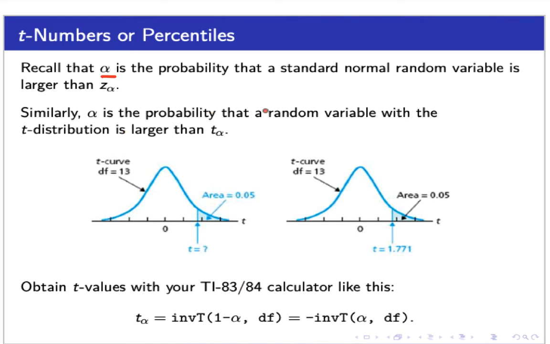Alpha is the probability that a random variable with t distribution is larger than t alpha. The previous one was when we are having a standard normal variable, but this one is for t distributions. That means we're having a sample standard deviation. So if I want to find the t values, how would I do it? So t alpha is inv t of 1 minus alpha and the degrees of freedom. We're going to do a little practice over here, guys.